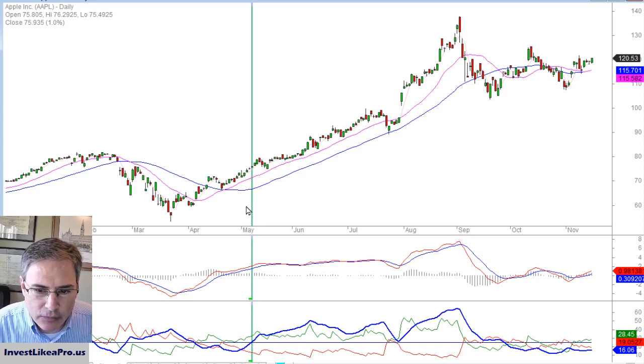If I wanted to do a screen and say, find me all the stocks that are in a strong trend, you could say, give me ADX. I use the 13.8 version: the DI lines are at 13 and the smoothing is 8.